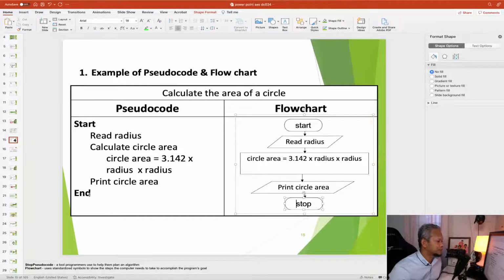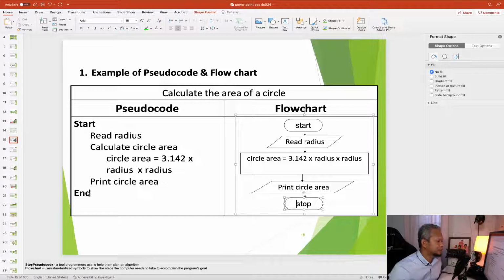22 over 7. Cannot write 22 over 7 R2. You cannot do it like that.